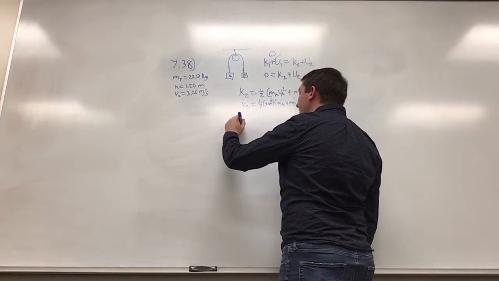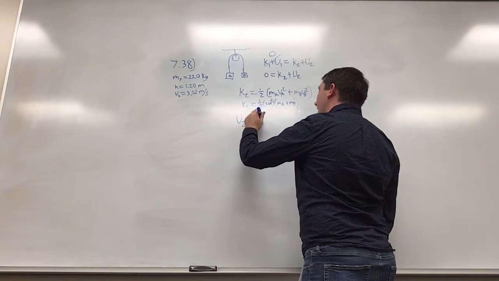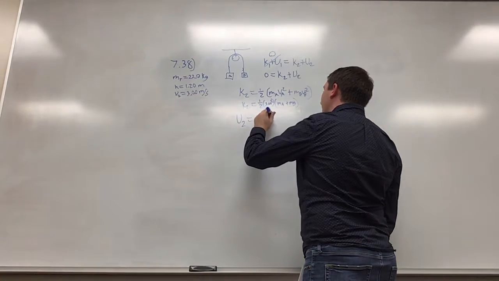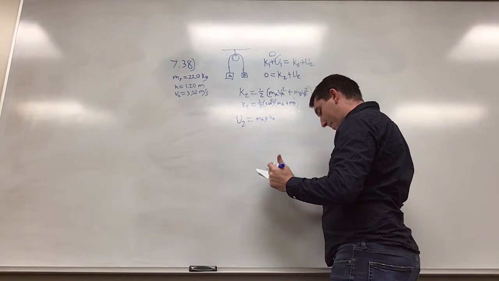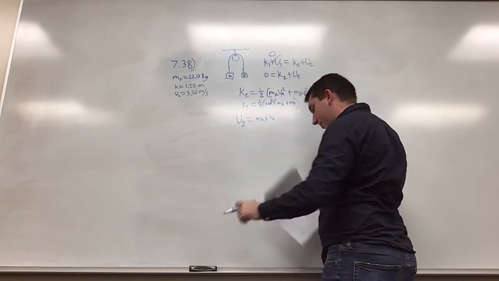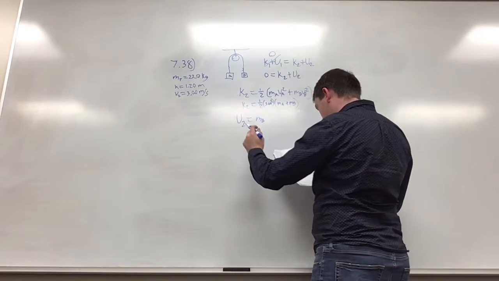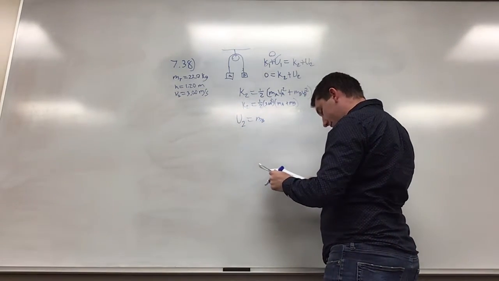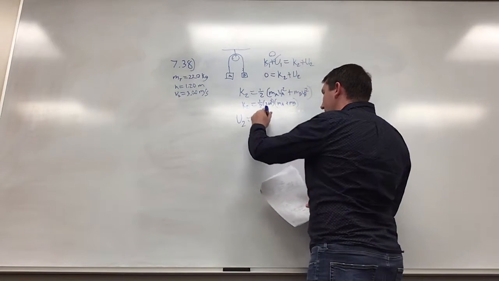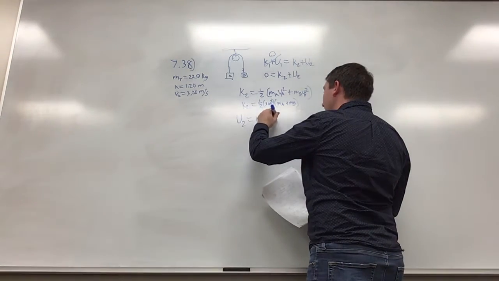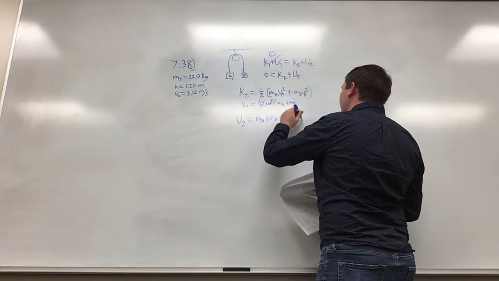We also know that the potential energy is going to be equal to mass B times gravity times its height minus mass A times gravity times its height.